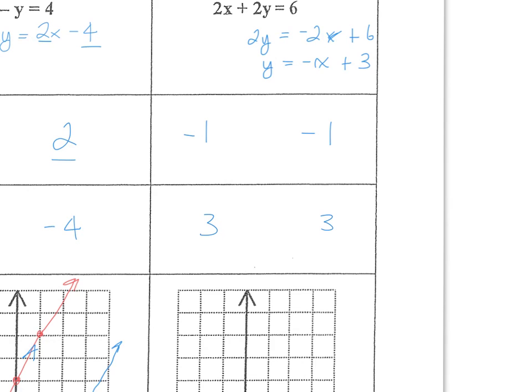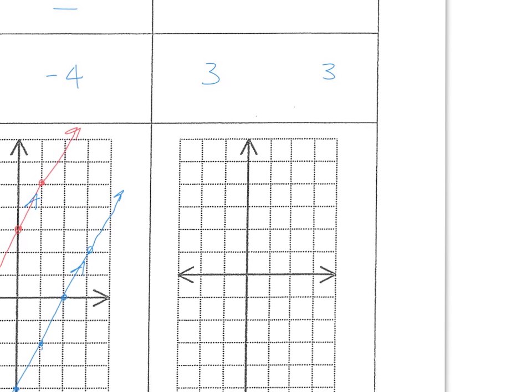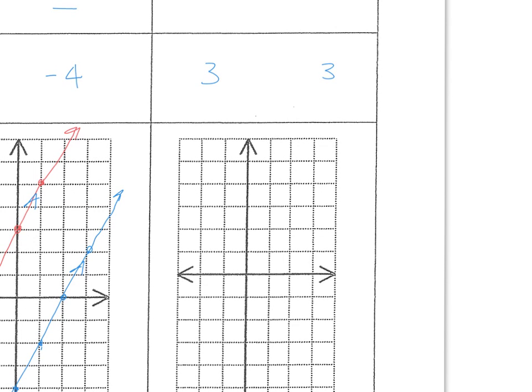Okay? And then for the slopes of both the lines, if we draw these, we get 3 for the y-intercept, 1 over and down 1, or you can go 1 to the left and up 1, okay, and we can draw our line in. And both lines sit right on top of each other, okay?